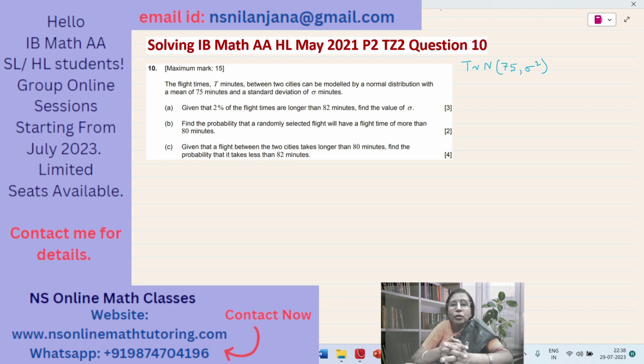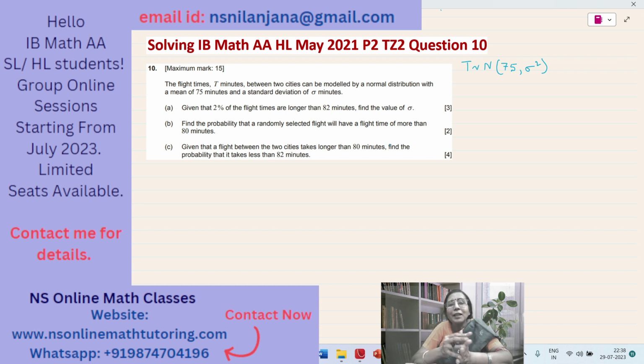So we take the help of the standardized normal distribution variable Z, because its mean and standard deviation are known: the mean is 0 and the standard deviation is 1.